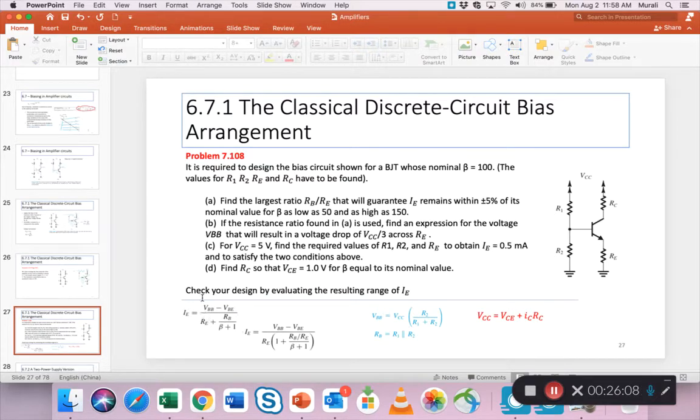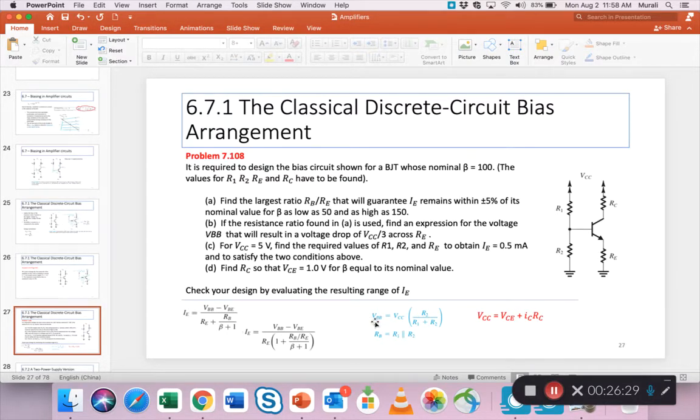So the formulas to use I've shown you here. IE, this current here, can be found through this circuit as VBB minus VE over RE plus RB over beta plus 1. Or the same formula can be written like this.